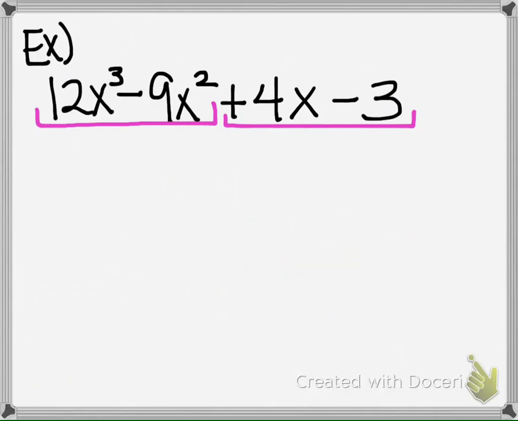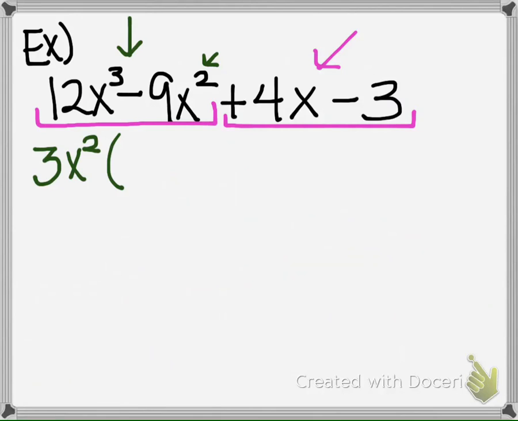I'm going to ignore this part of the polynomial, and I'm just going to focus on this part here. So I know that 3 goes into 12 and 9. And I know that the smaller exponent would go out in front here.